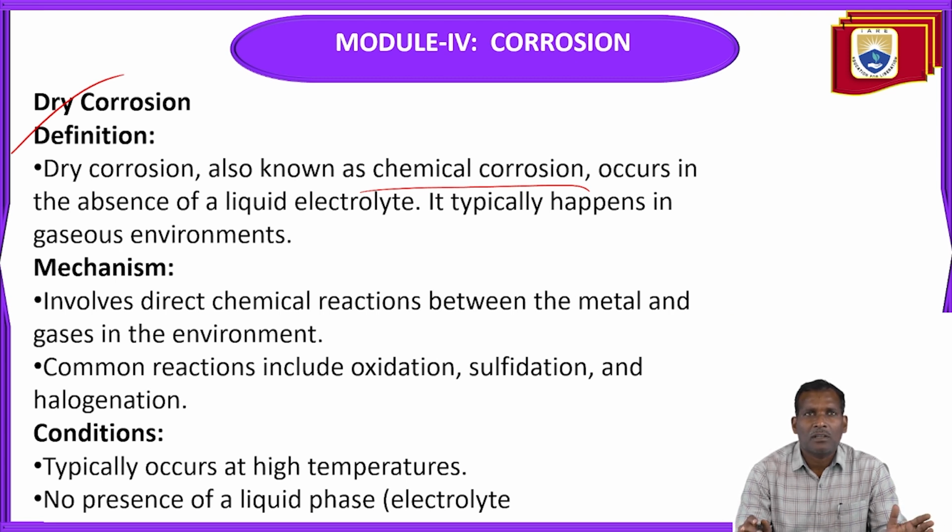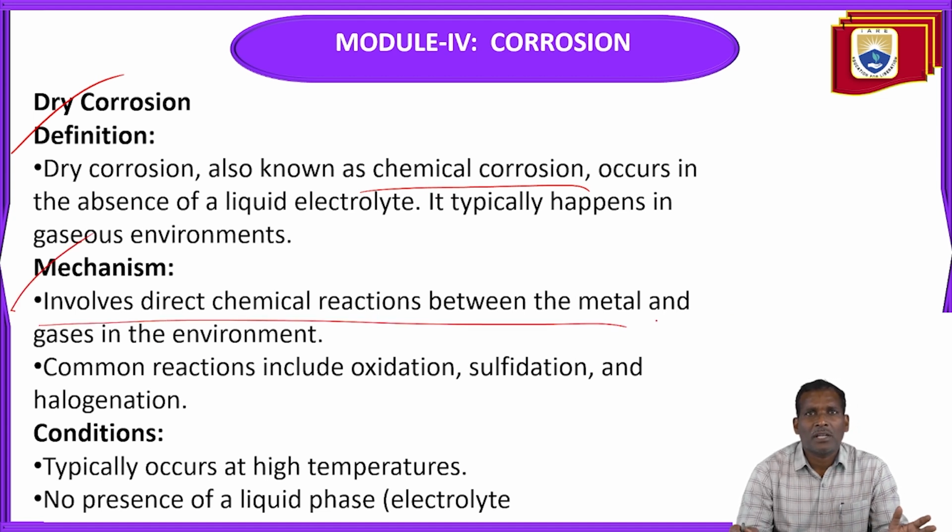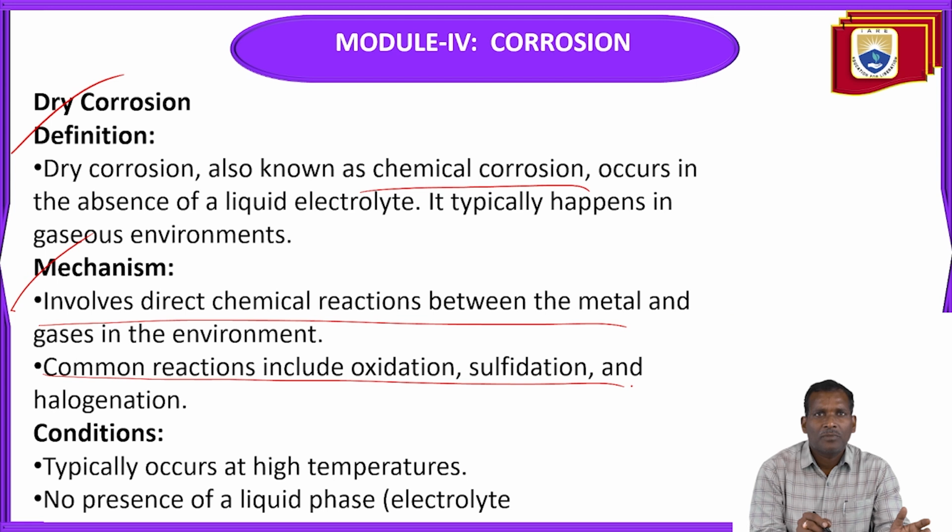There is no need of liquid electrolyte, so without electrolyte the material will be corroded. It typically happens in gaseous environments. The mechanism involves direct chemical reactions between the metal and gases in the environment. The common reactions include oxidation, sulfidation and halogenation.